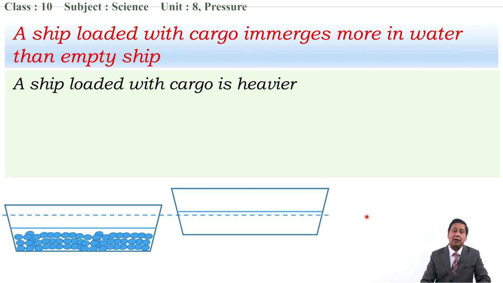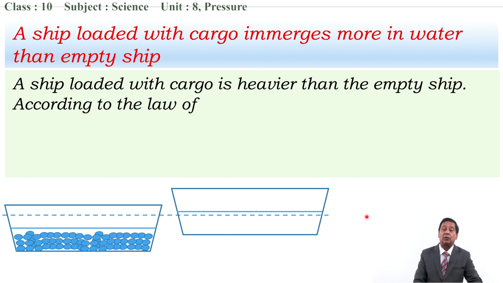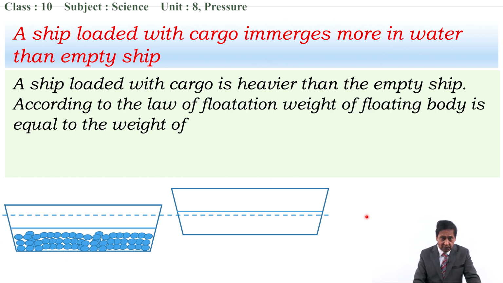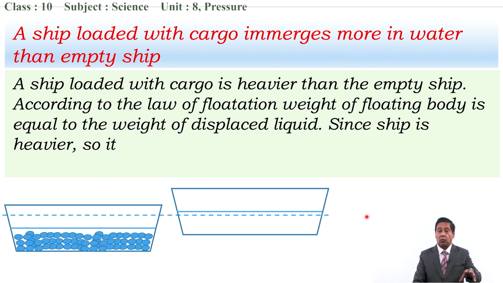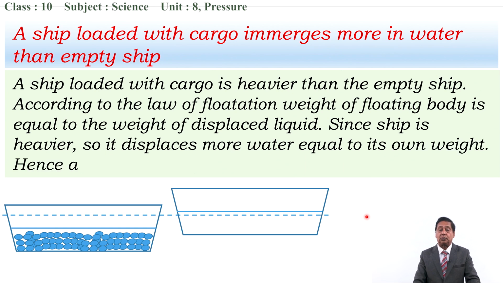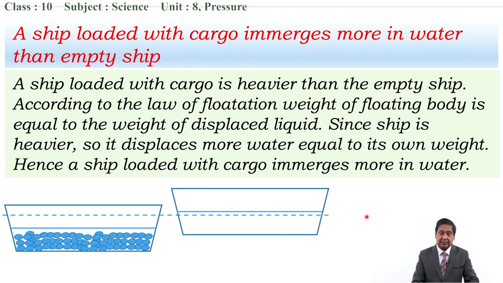Shortly, we can say that a ship loaded with cargo is heavier than the empty ship. According to the law of flotation, the weight of a floating body is equal to the weight of displaced liquid. Since the ship is heavier, it displaces more water equal to its own weight. Hence, a ship loaded with cargo immerses more in water.